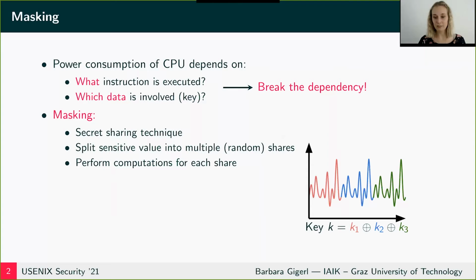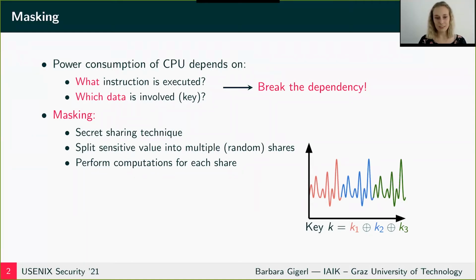For example, here we see that we can split the key K for a masked AES into 3 parts. And then if we observe the power consumption, each part will depend on a share individually. And if this share is random, then we have dependency on random data and not on the sensitive value anymore.